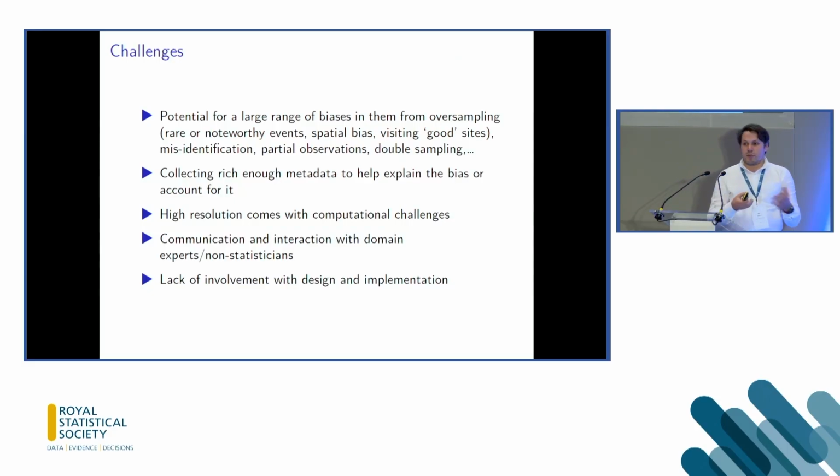And finally, double sampling: if two people go to the same location on the same day or the following or subsequent days, do we know if those are different individuals that they've reported or not? In terms of occupancy, that's slightly less problematic, but if we're trying to estimate abundance, then that can be a big challenge. So part of the process is collecting rich enough metadata that we're able to try and understand what the process of the observer was in how they collected and reported the data that they submitted.